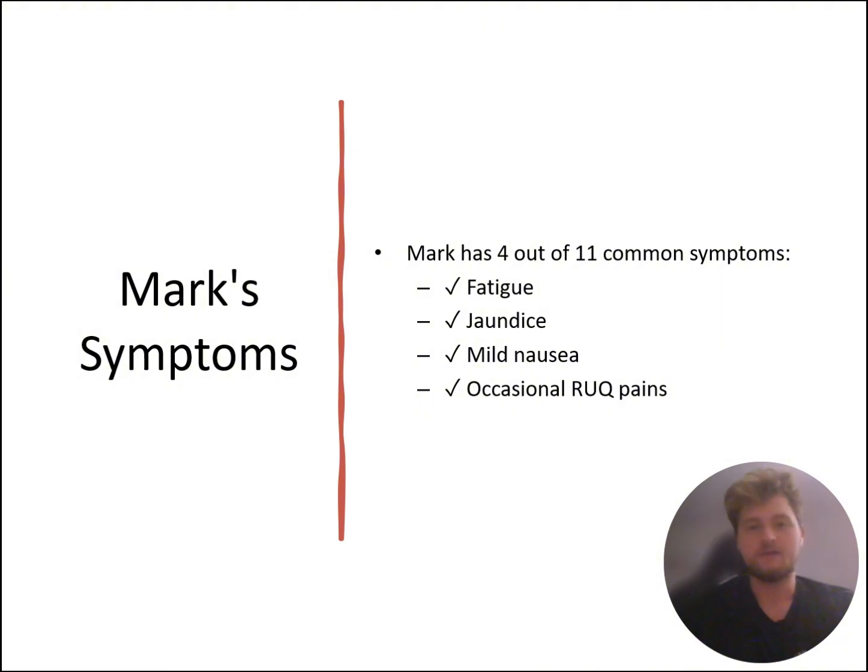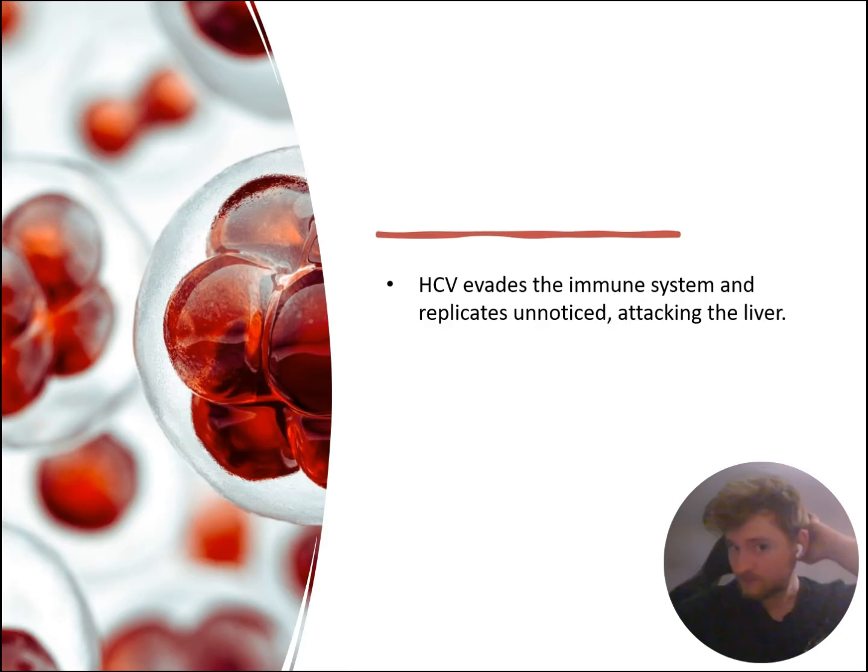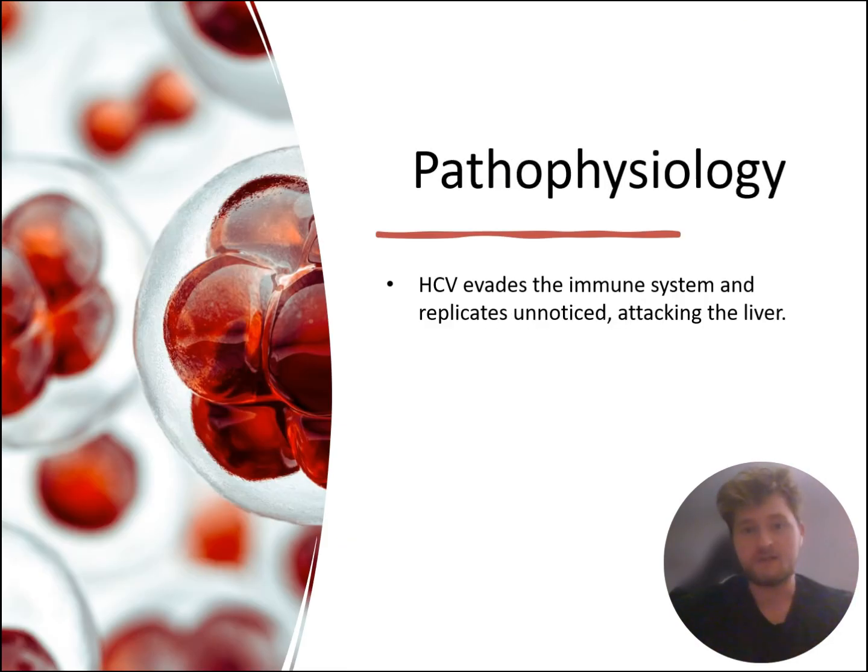Mark has 4 out of the 11 common signs, and these include fatigue, jaundice, mild nausea, and occasional right upper quadrant pain. As for the pathophysiology, the hepatitis C virus evades the immune system and replicates unnoticed, attacking the liver.